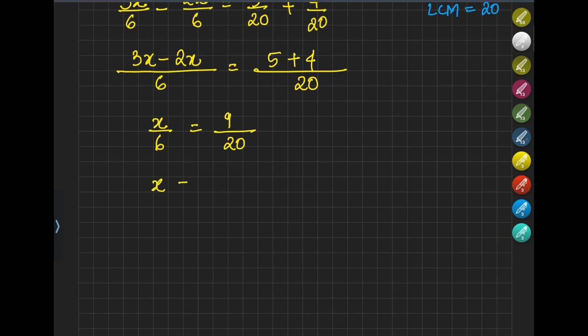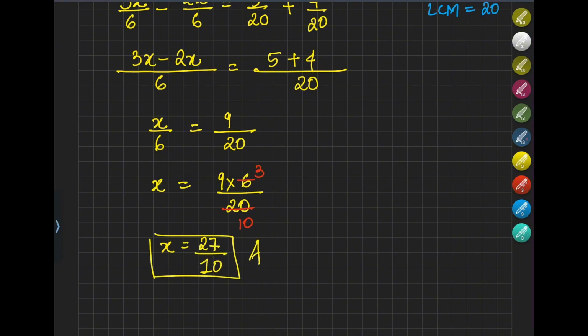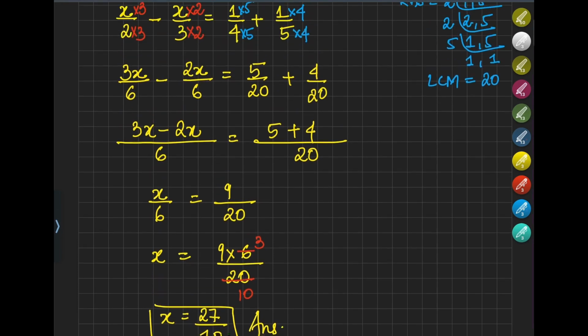Let us take 6 from the LHS and isolate the variable x in the LHS and simplify the fraction. 2 threes are 6, 2 tens are 20. So the value for x is equal to 27 by 10. This is the answer for the first question.